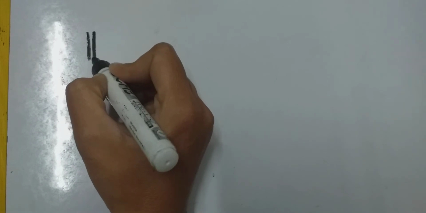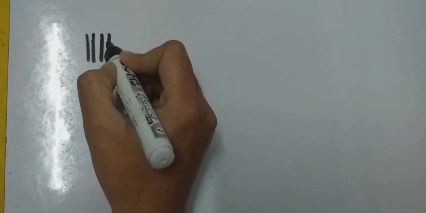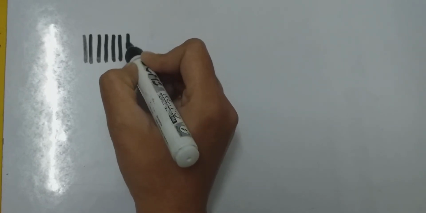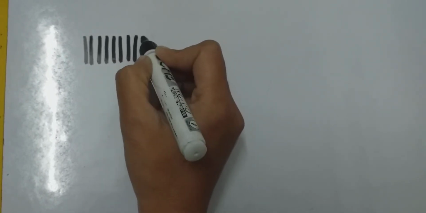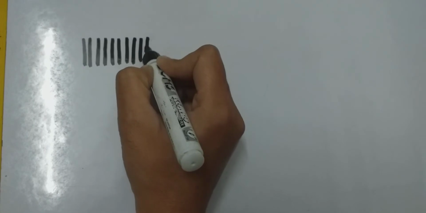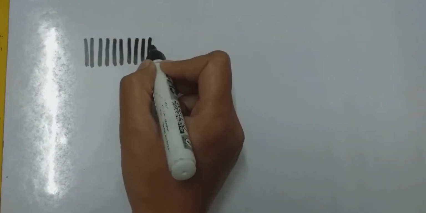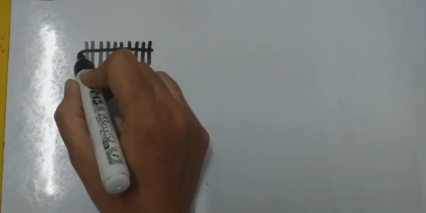Okay children, now let's see one more example. If I have 1, 2, 3, 4, 5, 6, 7, 8, 9 and 10, 10 sticks, now I will tie them.